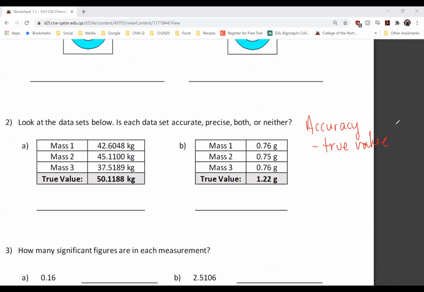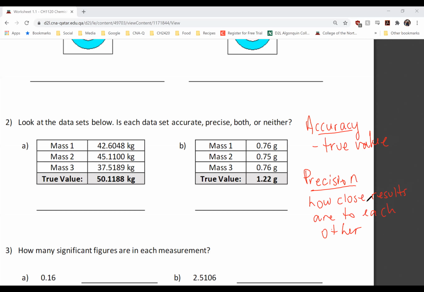Doesn't look much better, does it? Anyways, accuracy is the true value. Precision is how close your results are to each other. Okay, that's kind of the simple definition.